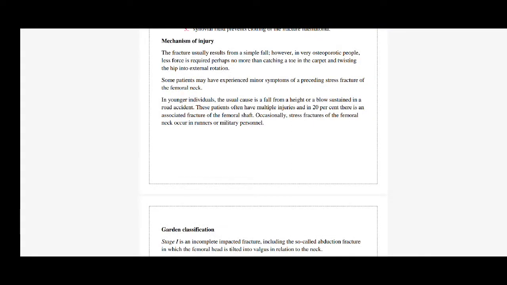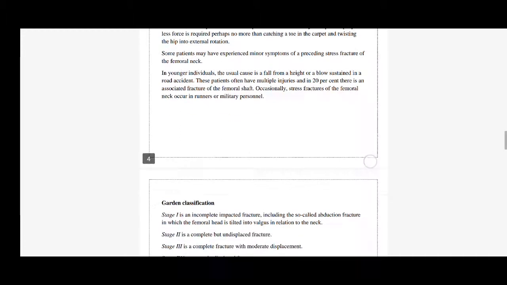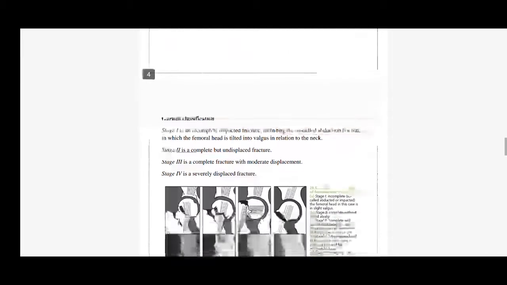The patient often has multiple injuries, and in 20% there is an associated fracture of the femoral shaft. Conversely, if the patient has a femoral shaft fracture, around 5% of cases have an associated femoral neck fracture. Stress fracture of the femoral neck may occur especially in runners, in patients with amenorrhea, and in military personnel due to repetitive microtrauma.